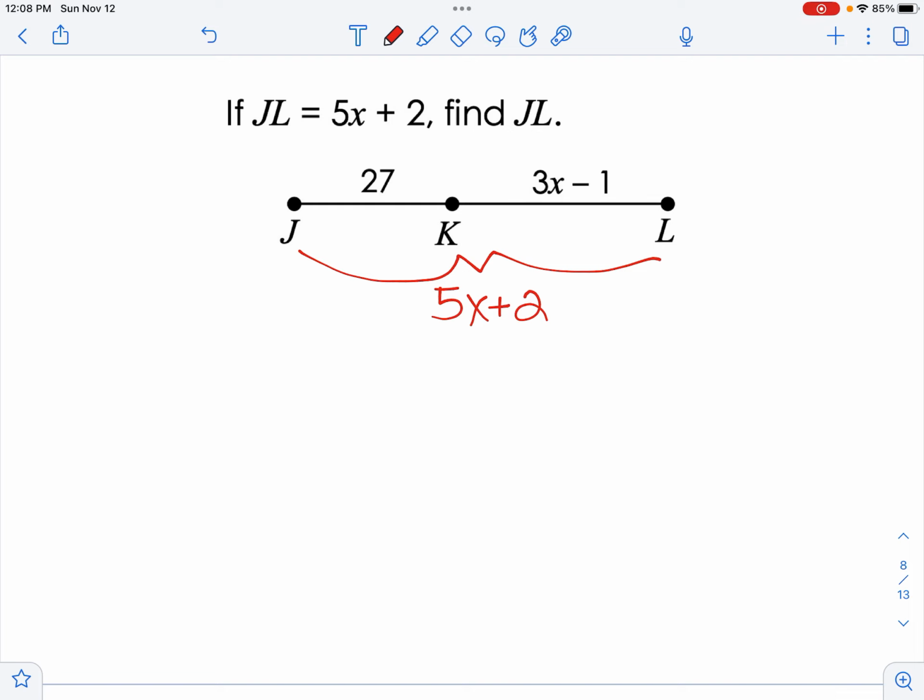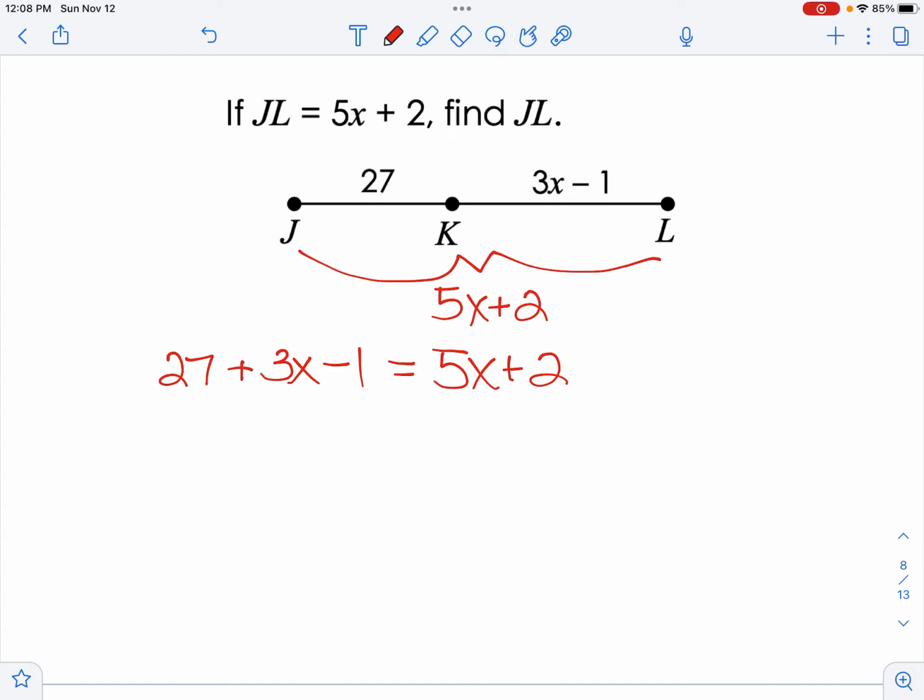Well, we know it's 5x plus 2, but we want to know the actual length. So this segment and this segment, JK plus KL, better be equal to this. So that's what I want to do, I'm going to write that. I'm going to say 27 plus 3x minus 1. That should equal the whole thing, 5x plus 2.